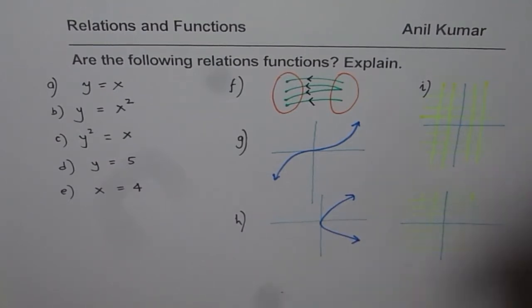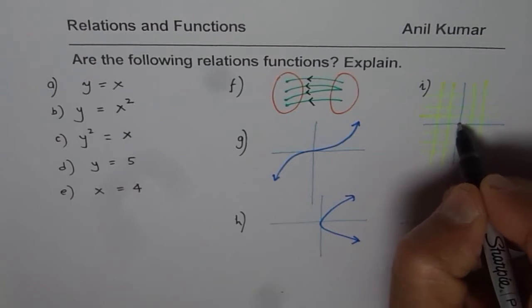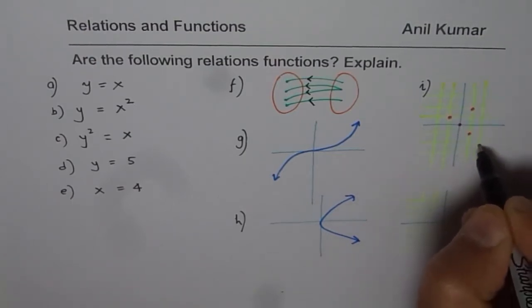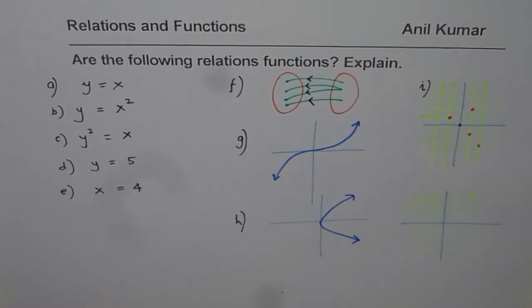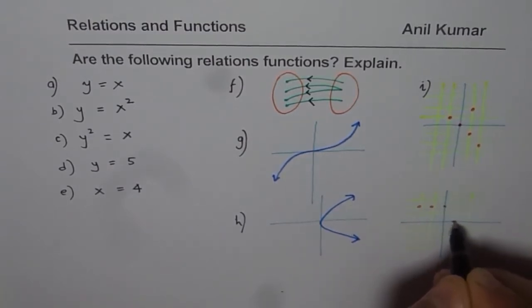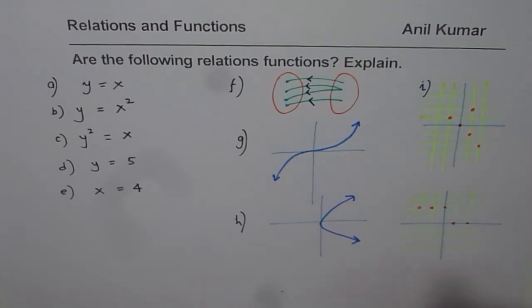Now here, scatter plot, let me say this is 1 point, this is the other one, third one, fourth. This is one scatter plot. You have to say whether this is a function or not. And this time I have these points lined up kind of like this. Okay. Is it a function or not?